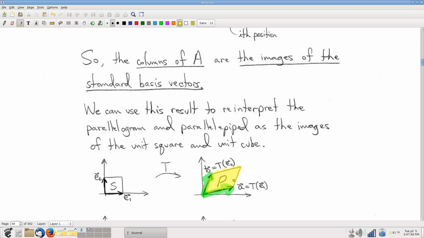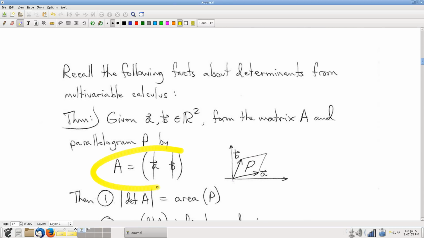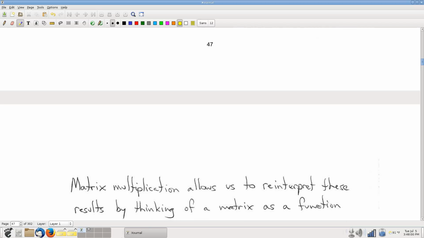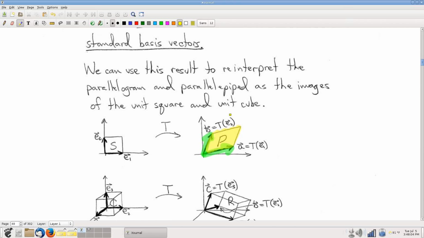Well, what were A and B concerning the matrix? Concerning the matrix, A and B were the columns. Well, the columns are the images of the standard basis vectors.